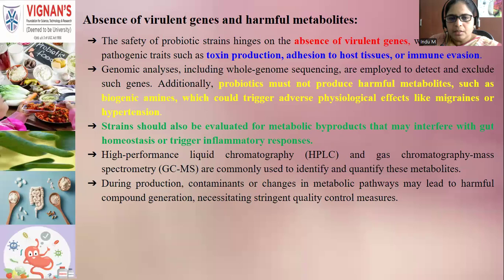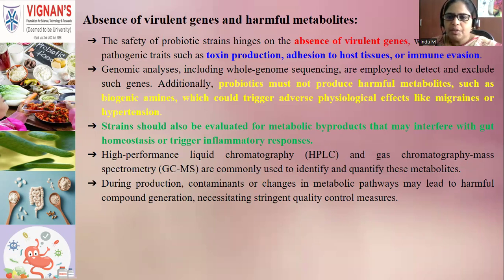And if you see, the most important aspect is the virulence genes, and whether any harmful metabolites are there. So here you have to see whether the virulence genes are present or absent. Generally, if they are present, they encode for toxin production, they attach to the host system, and then immune evasion takes place.